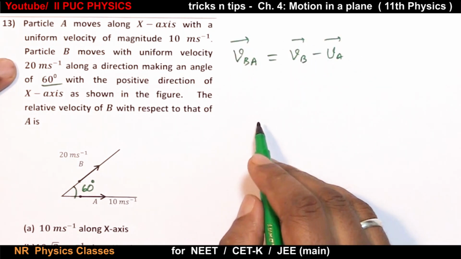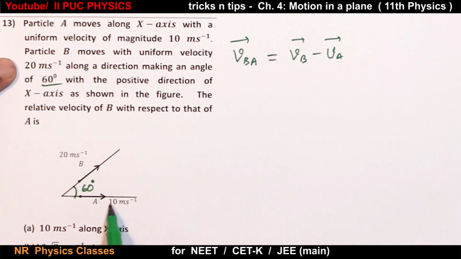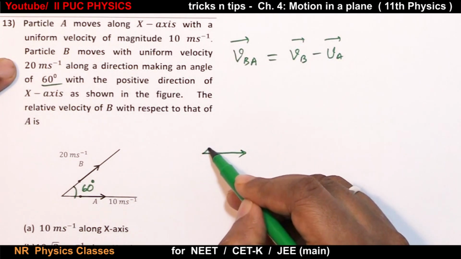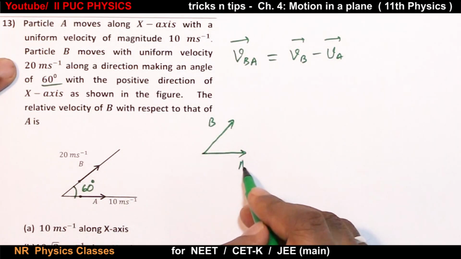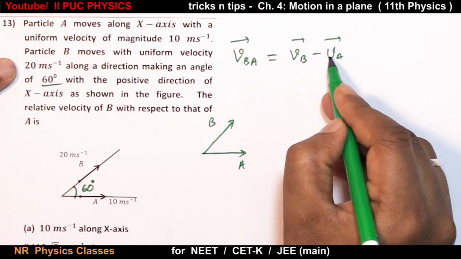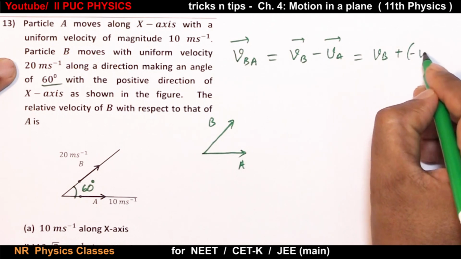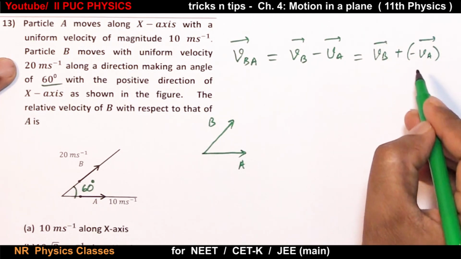Okay, now this is A. This is B. VB minus VA means this can be written as VB plus of minus VA, isn't it? Of course, vectors.